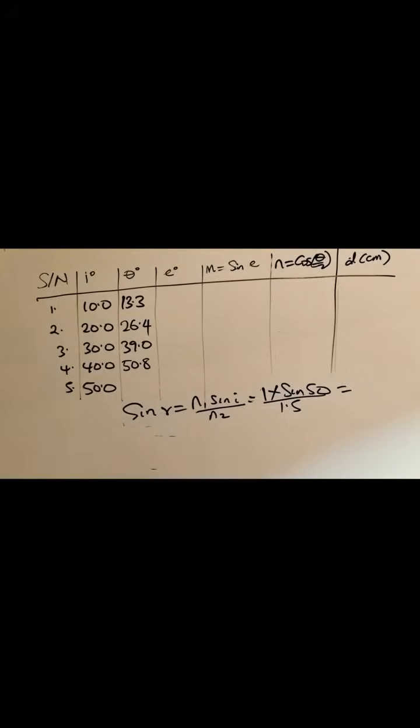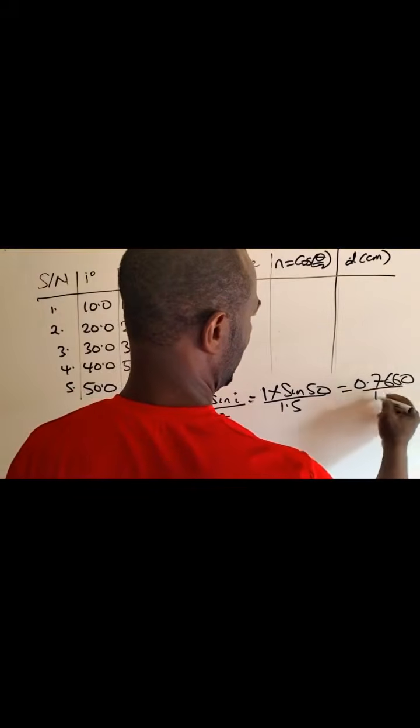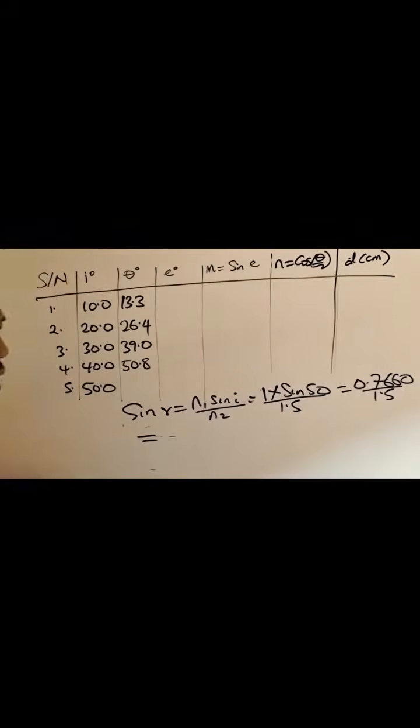Sine 50 is 0.7660, so 0.7660 all over 1.5. We divide 0.7660 by 1.5 and we get 0.5107.